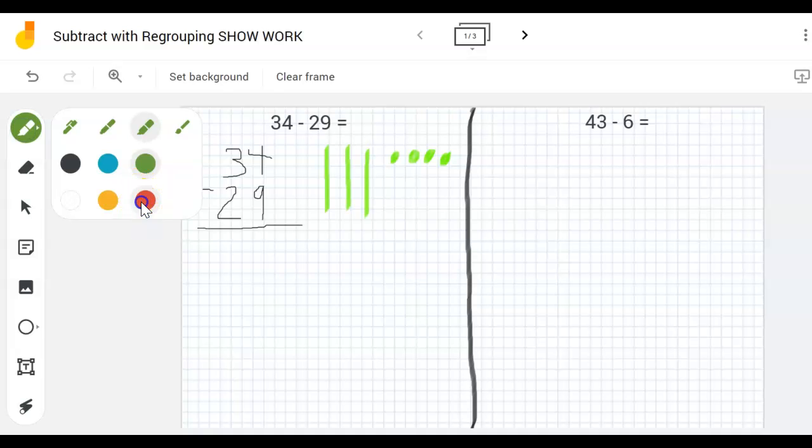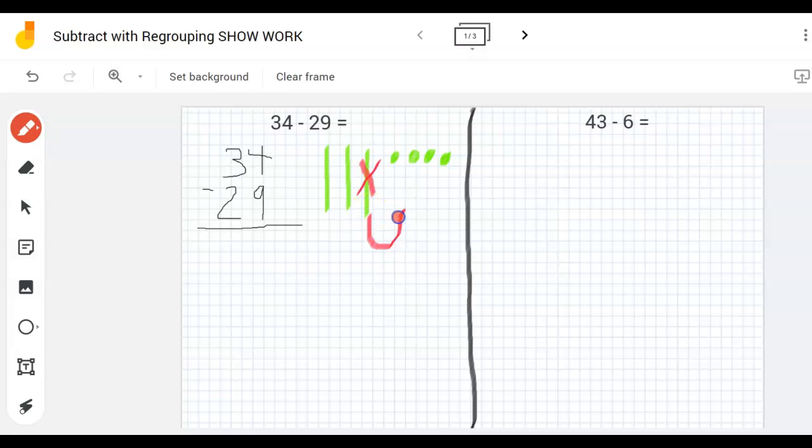So let me get a different color here, and let me show you with the model. So here's our ones place, here's our tens place. We're going to go next door. We're going to borrow one of these tens, and we're going to turn it into 10 ones.